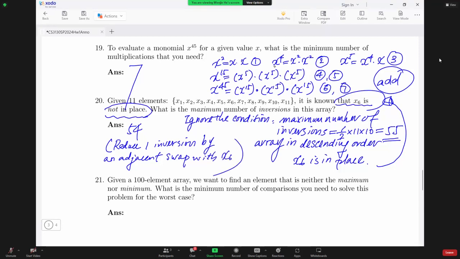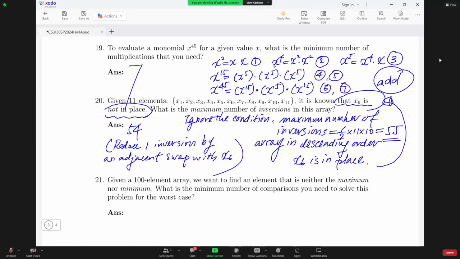Okay? Yeah. But adjacent swap with x6. So you reduce only one inversion. And x6 is not in place. Before the swap, that adjacent element and x6 form an inversion, but after one swap, that pair won't be an inversion anymore.